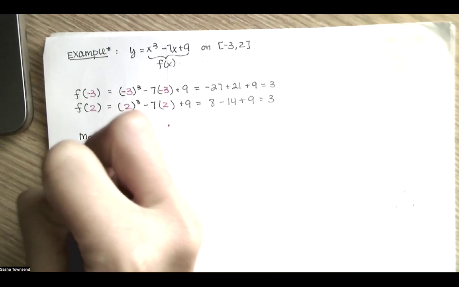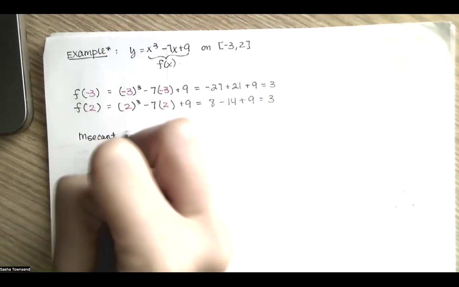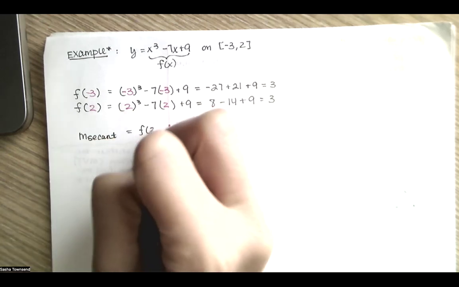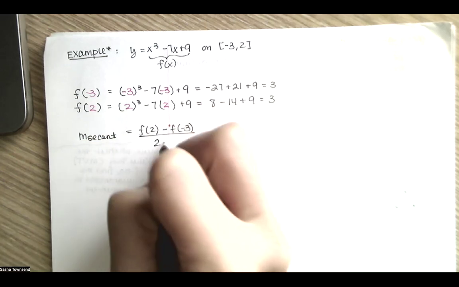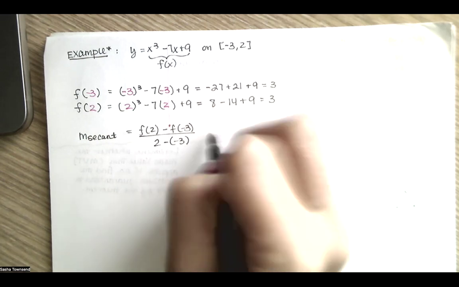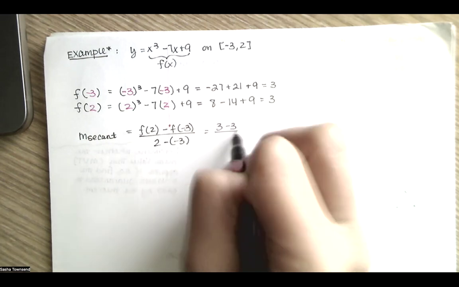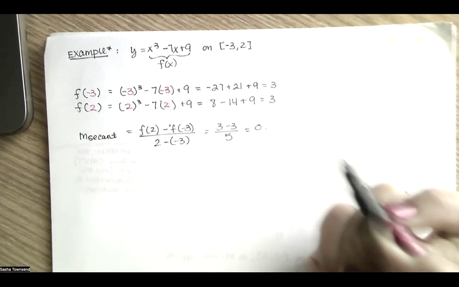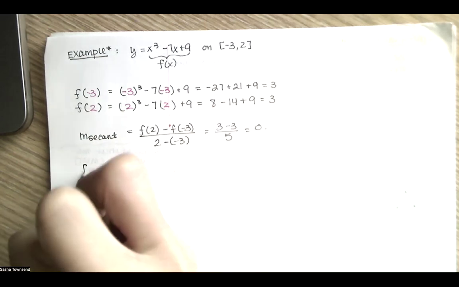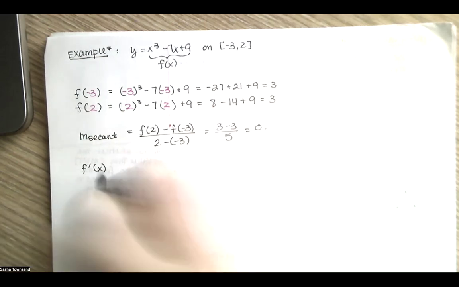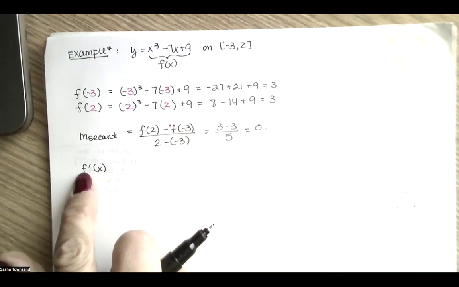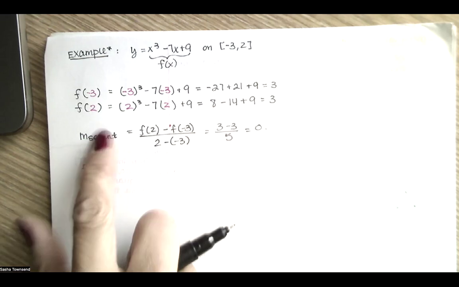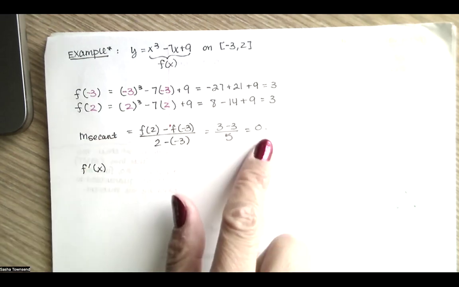Here, the slope of the secant line is f of 2 minus f of -3 divided by 2 minus -3. So we get 3 minus 3 divided by 5, which is 0. And the slope of the secant will equal the slope of the tangent whenever f prime is equal to 0 in this case.